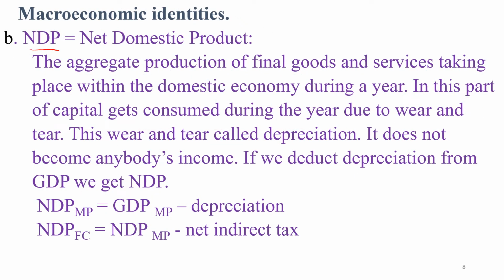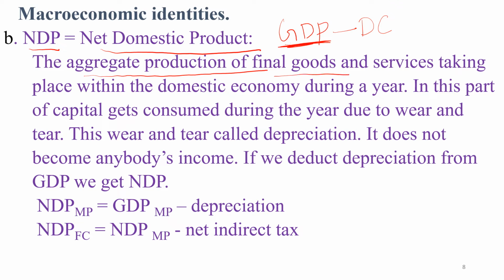The second one is NDP, net domestic product. So here we are talking about GDP minus depreciation, gross to net. To arrive at net from gross, you have to deduct the depreciation charges. So you know what GDP is. GDP is nothing but the aggregate production of final goods and services taking place within the domestic economy during a year.